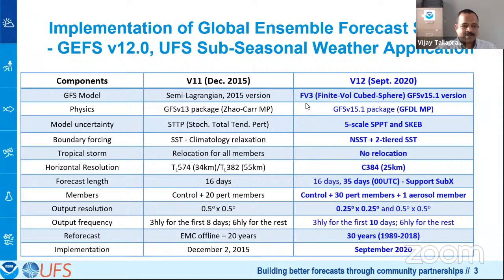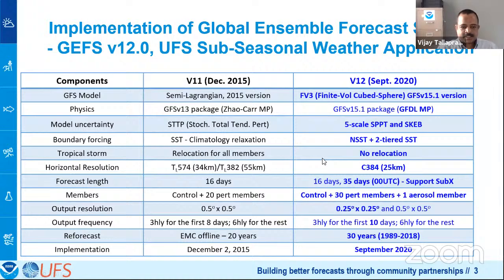This is using the FV3, the finite volume cubed sphere version of the dynamic code that was used in the GFS, along with the physics that was used in the GFS operational model at the time. We updated the model uncertainty by introducing the SPPT, the stochastic physical perturbation tendencies, and also the SKEB, the stochastic kinetic energy backscatter. The SSTs are treated in 2 different ways.